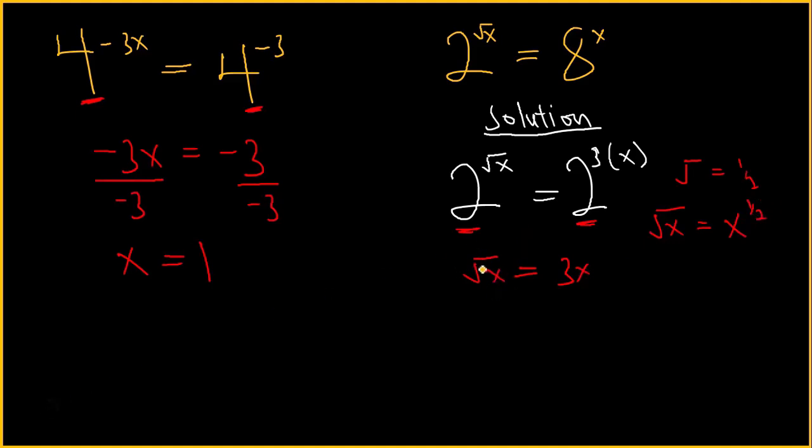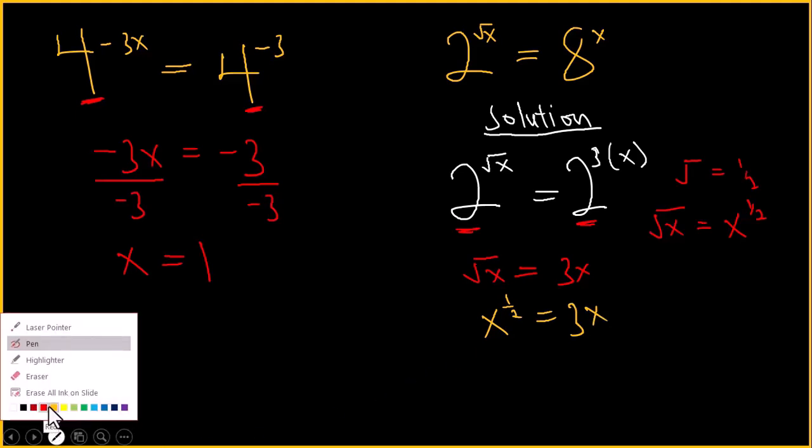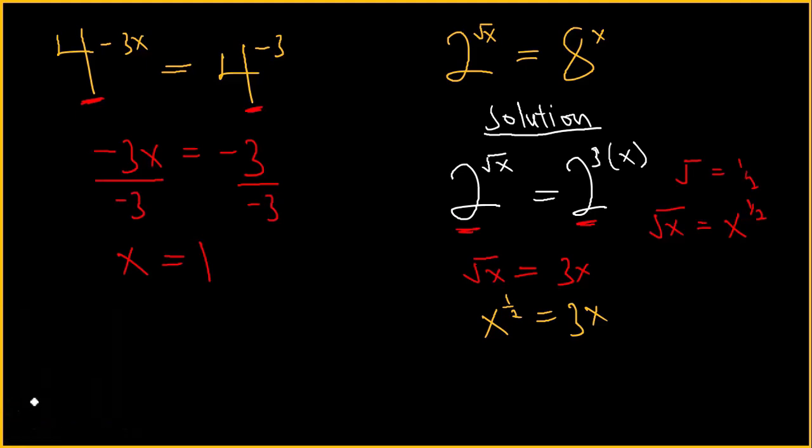So at this point, I'm going to get rid of the root. I have x raised to the power 1 on 2 is equal to 3x. So to find the value of x, what I'm going to do here is neutralize this part, which is half.